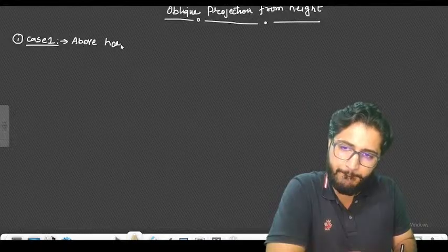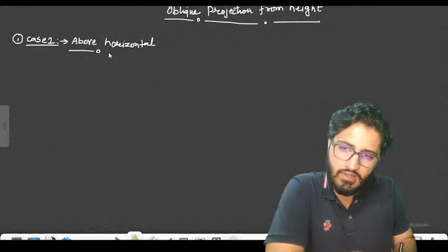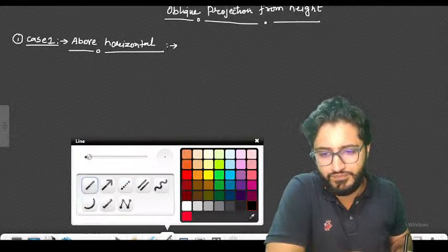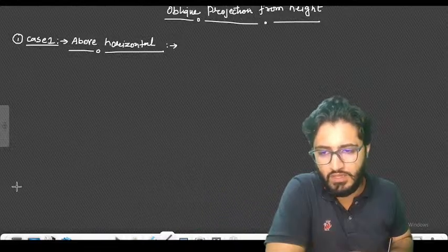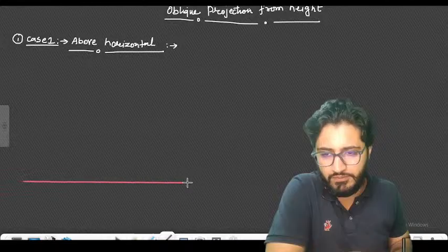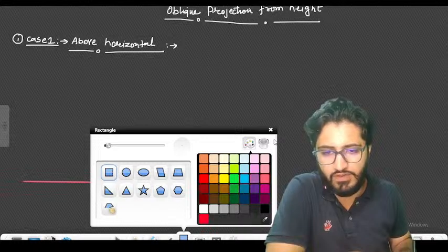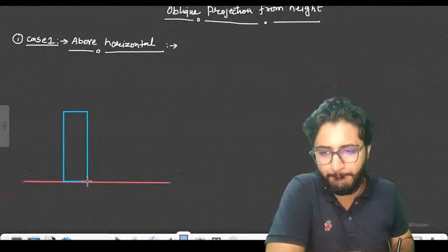Above horizontal. That means suppose this is my ground frame, and we are having a building on this ground frame, a building like this.